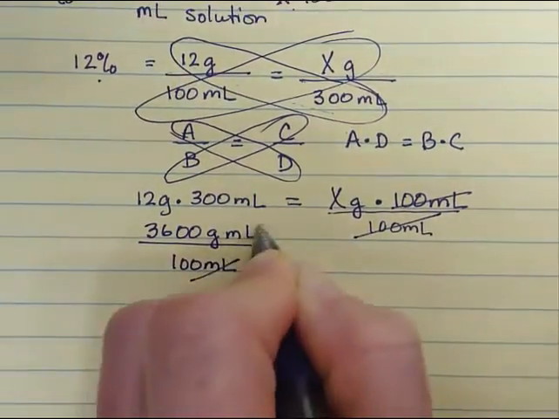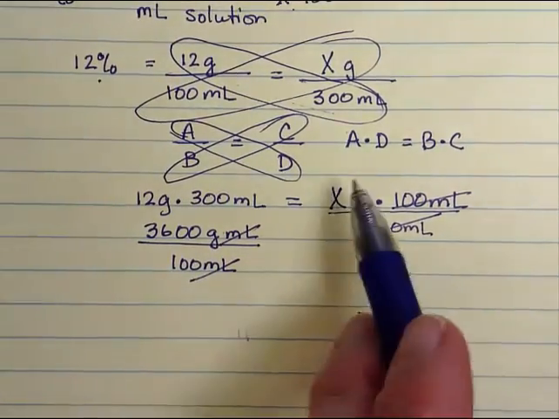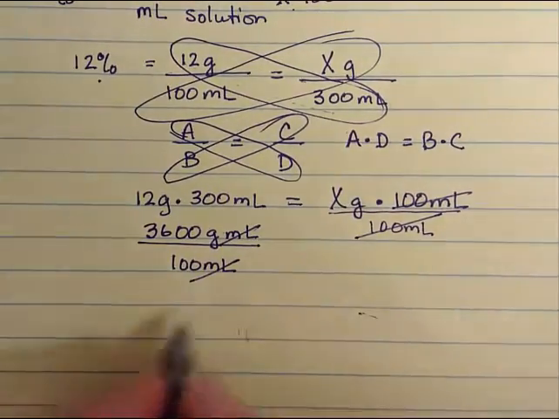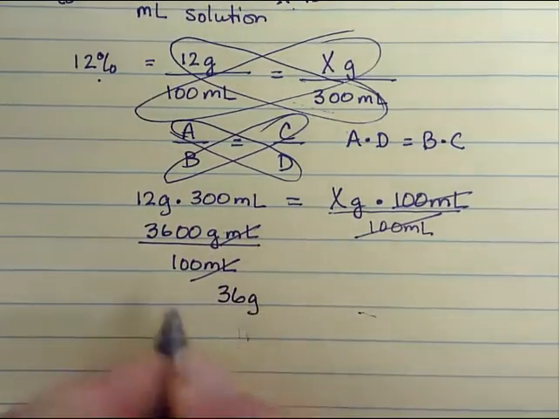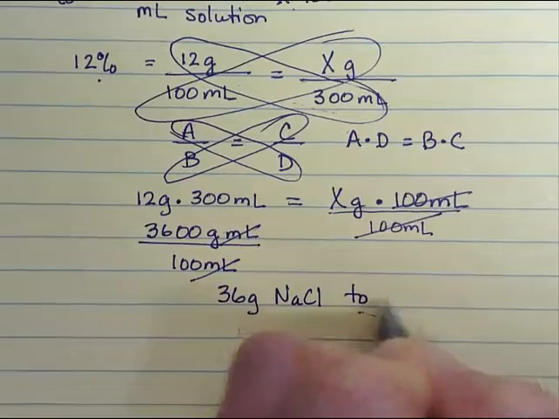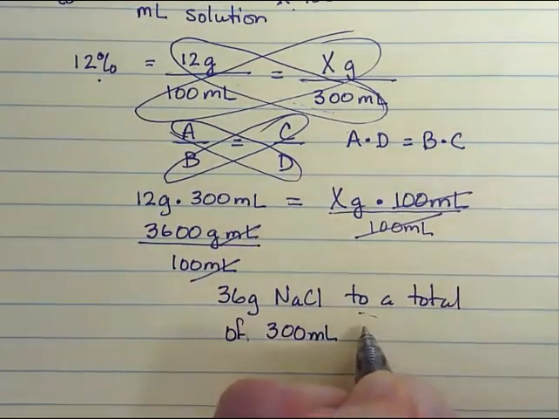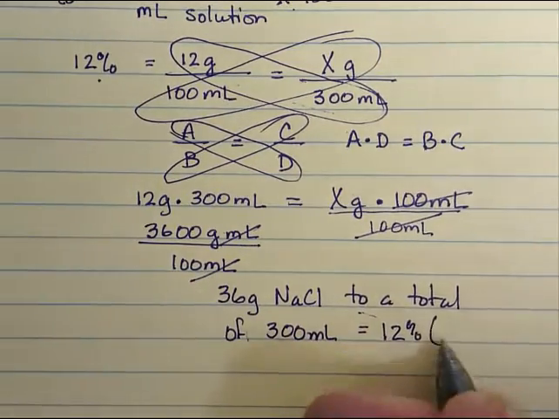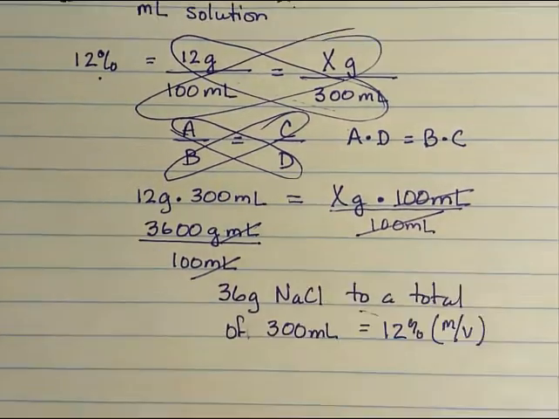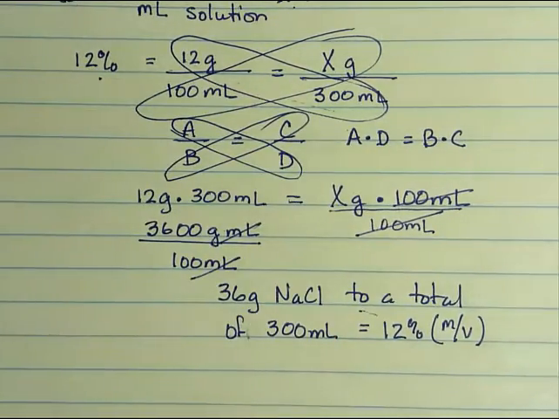It's going to cancel mils out as well, and we'll be left with our answer in grams, which is what we want to find out. So in this case, we can see that we're going to need to add 36 grams of sodium chloride to a total of 300 mils to get, this is going to be equivalent to a 12% solution, and this is mass to volume.